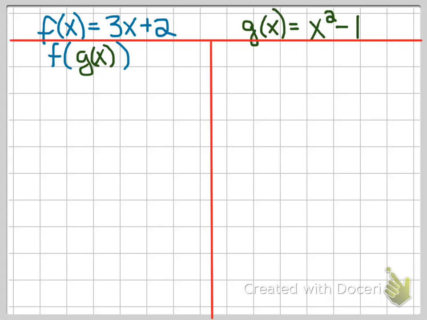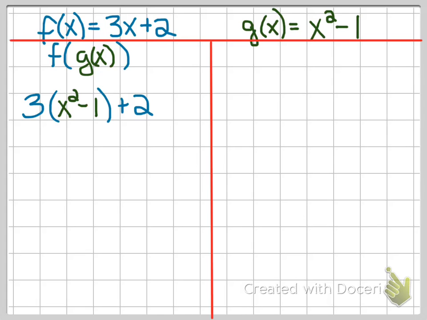So everywhere we originally saw the unknown quantity x, we're going to replace it with the entire function g of x. That gives us 3 times the quantity of g of x, which is x squared take away 1, plus 2.